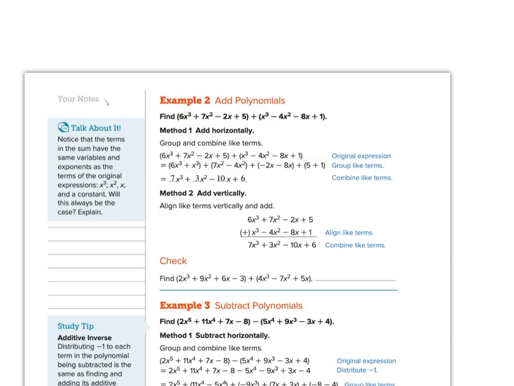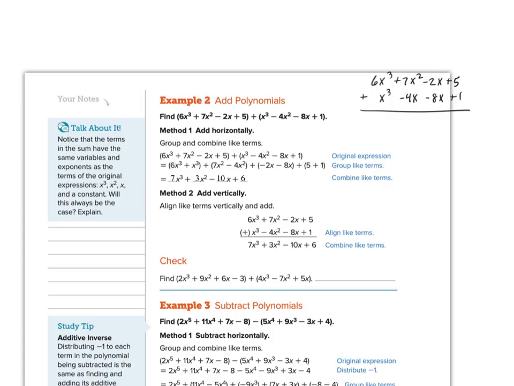Well, we can combine that with x to the third. We can combine the 7x squared minus 4x squared. We're combining like terms. And I will tell you that typically when I do this, I set this up as that traditional addition or subtraction problem where I can now just add down.